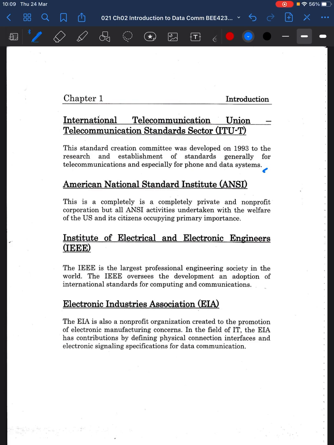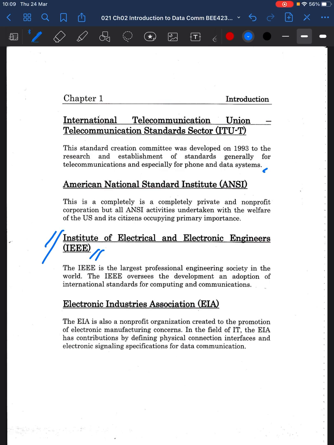Next is the IEEE, the Institute of Electrical and Electronics Engineers. This is one you have all heard of and probably been involved with. The IEEE is the largest professional engineering society in the world. The IEEE oversees the development and adoption of international standards for computing and communication.